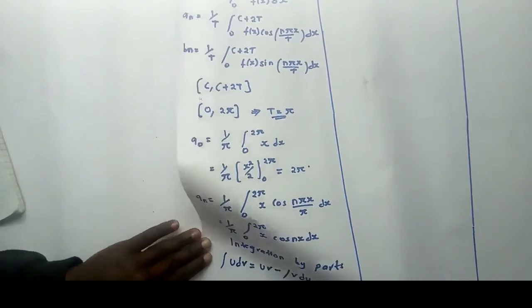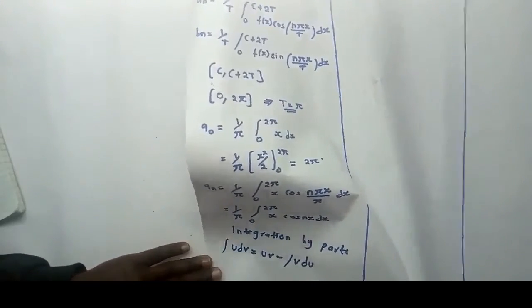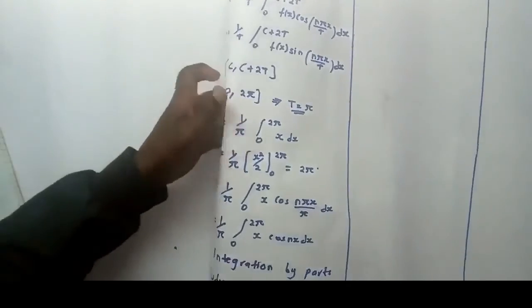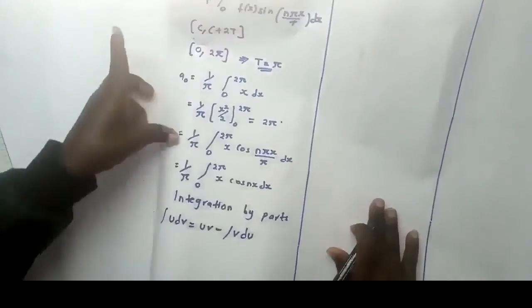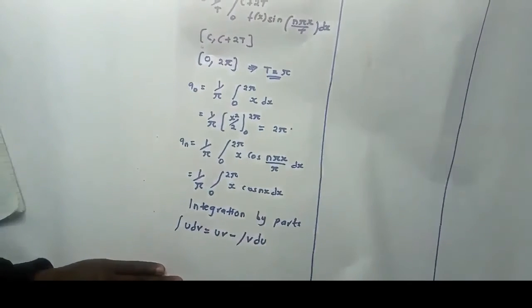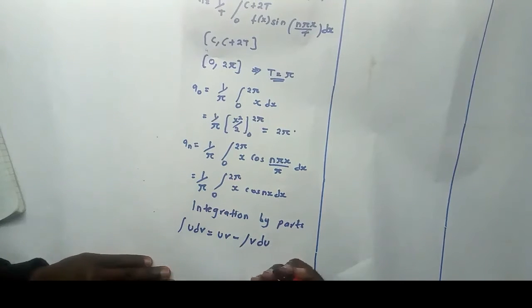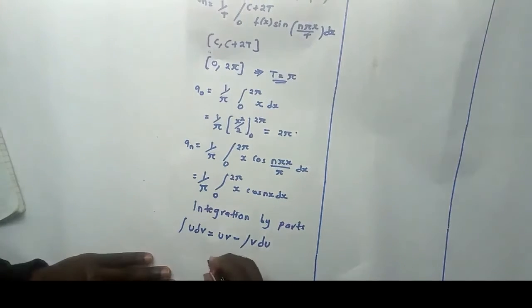Okay, so the next thing you have to do is to equate the relevant parts of the integration to your formula of the integration by parts. So we have our u, let our u be x.